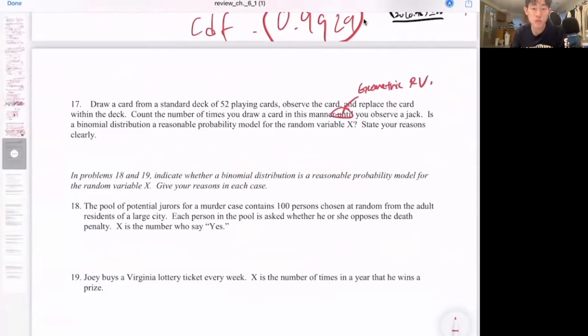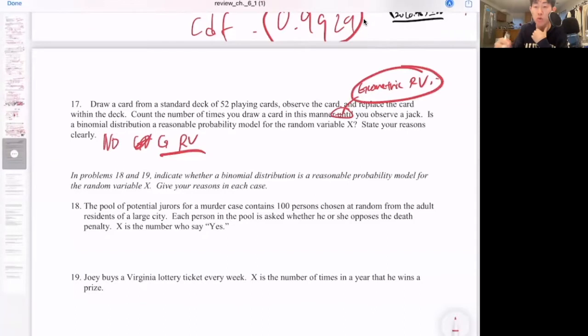So is a binomial distribution a reasonable probability model for the random variable X? State your reasons clearly, it says. No. Because this is a geometric random variable. Why? Because it's going to be until. So if you see the number 17 answer, X is not binomial because the number of trials is not fixed.